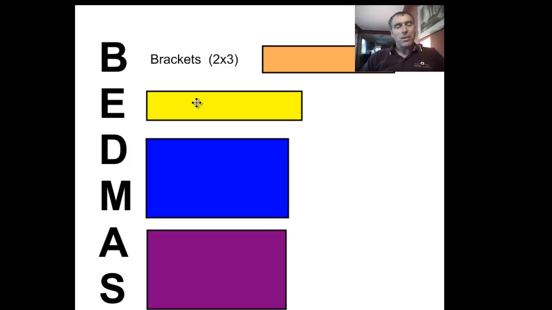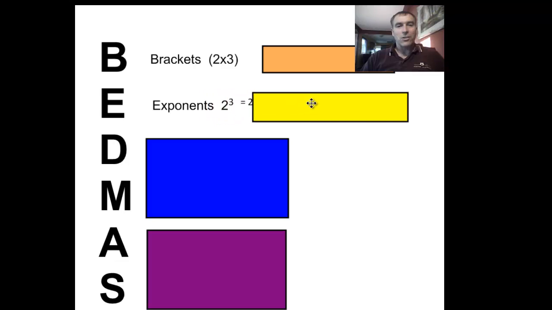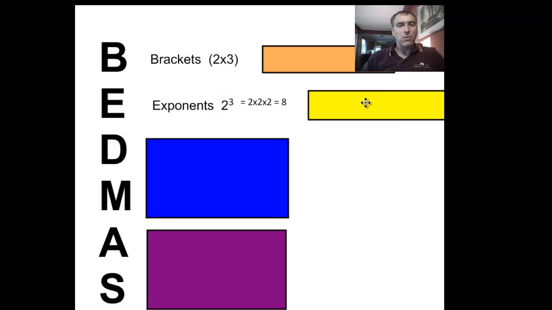What would the E stand for? Well, this is something we don't really do a lot in grade 6, but you will get into it in the later grades, and they're called exponents. Can you say that? Exponents. It's sort of a power number. So this would be 2 to the power 3, or 2 to the exponent 3. What that means is that there are 3 2's multiplied against each other.